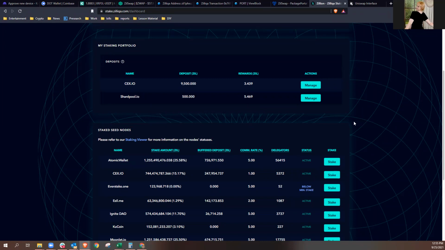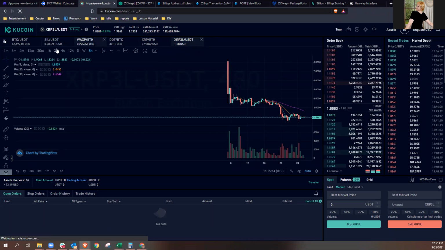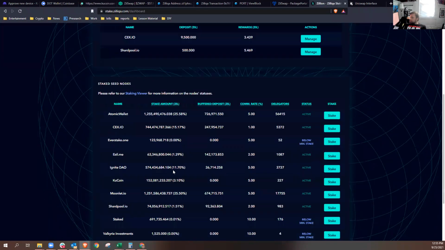Now I know that we can stake on KuCoin, but I think it's a little bit different. Yeah, let's take a look. KuCoin has a pool, and they take 5% of your rewards as their fee.